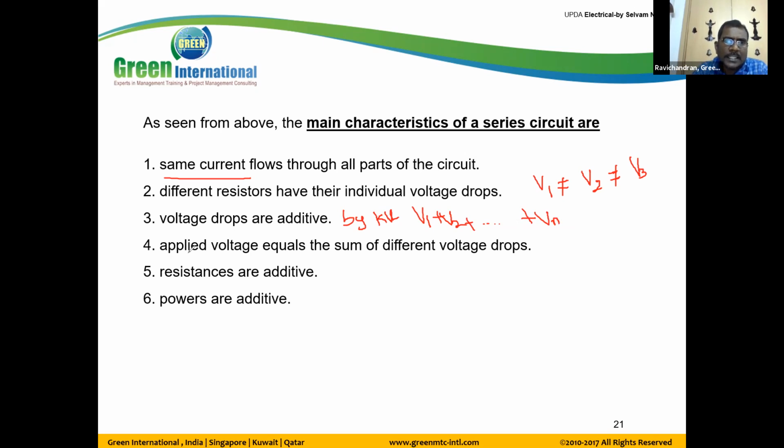And similarly, the fourth equation is also from Kirchhoff's voltage law: the applied voltage V is equal to the sum of the voltage drops. And resistances are additive. We know the formula R is equal to R1 plus R2 plus R3. So that's why resistances are additive.